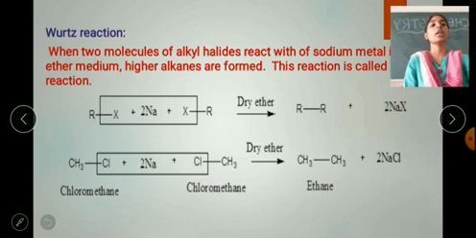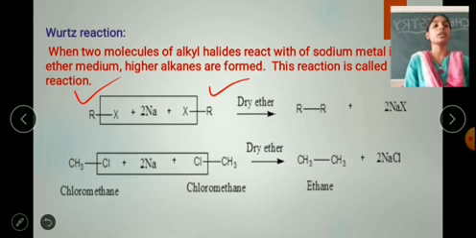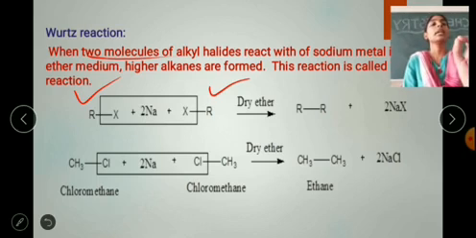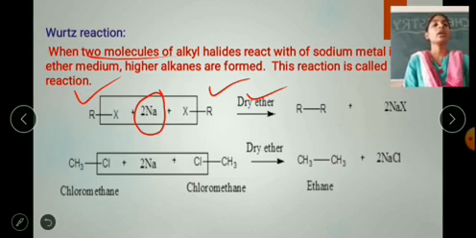Here are some examples. Look here, two RX, that is two molecules of alkyl halide, are taken. When these two molecules of alkyl halides are treated with sodium metal in the presence of dry ether, a higher alkane is formed, along with sodium halide.